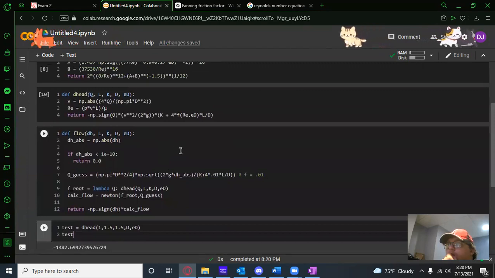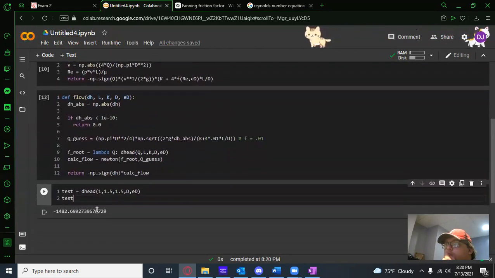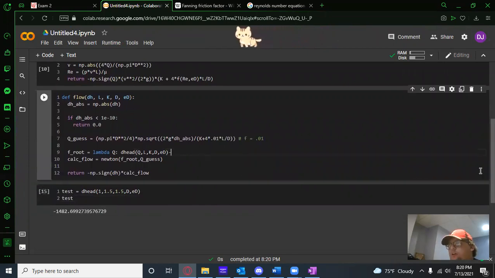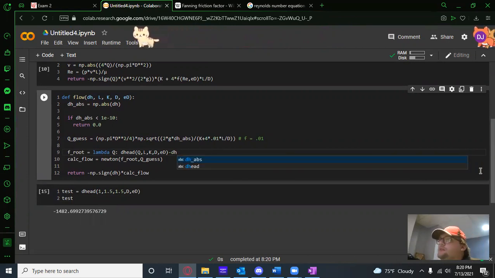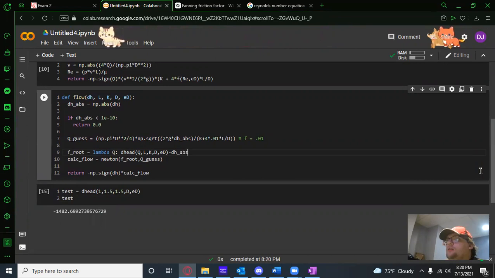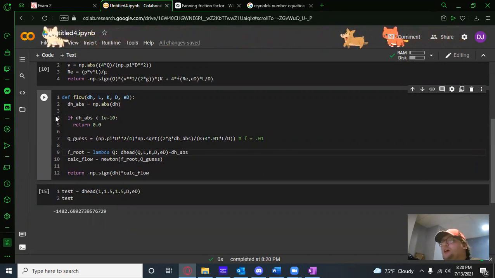So let me look at this real quick. That's why I forgot. Okay, so to get this to go to 0, we need to take the calculated value and subtract it from the absolute value.